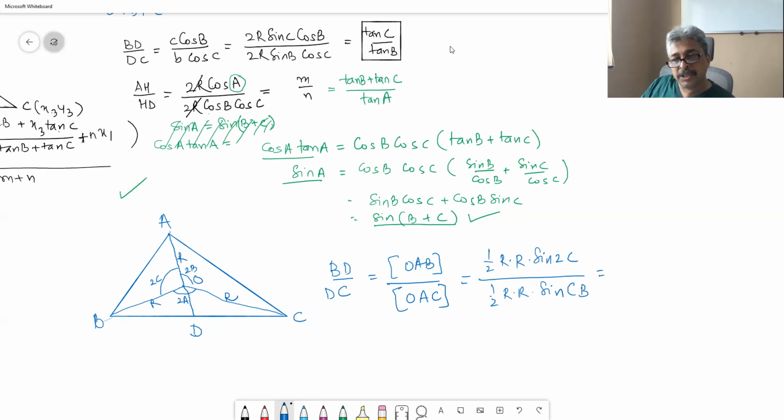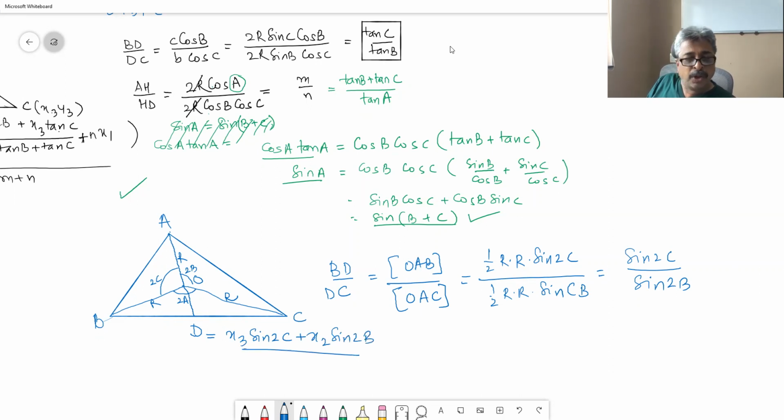Therefore, BD upon DC is sine 2C upon sine 2B. Therefore, coordinate of D is equal to (x3 sine 2C plus x2 sine 2B) upon (sine 2B plus sine 2C). That is xd. Okay?